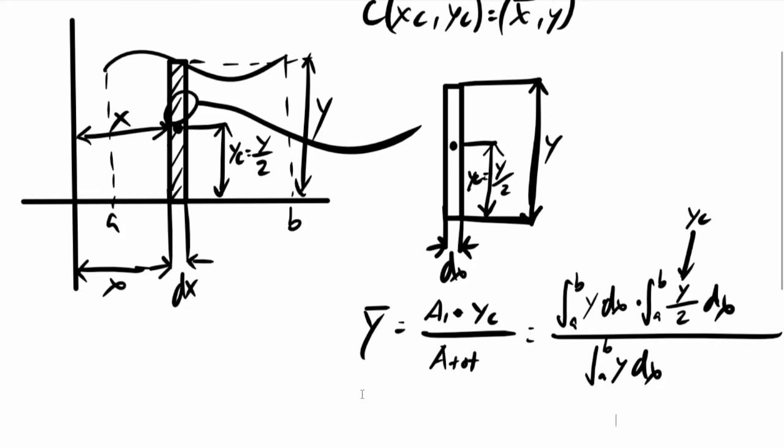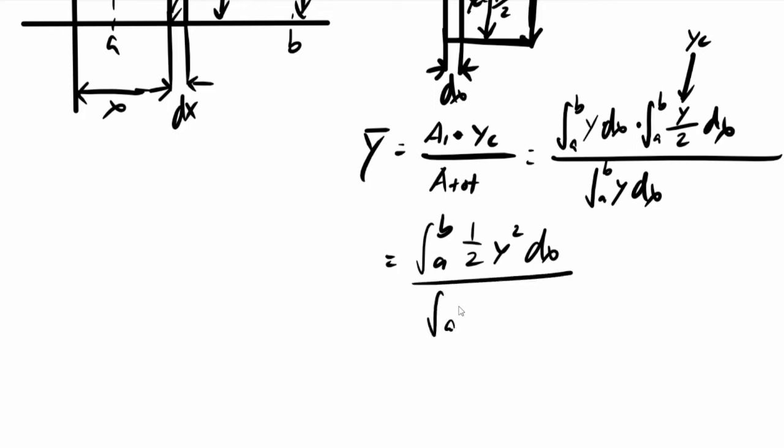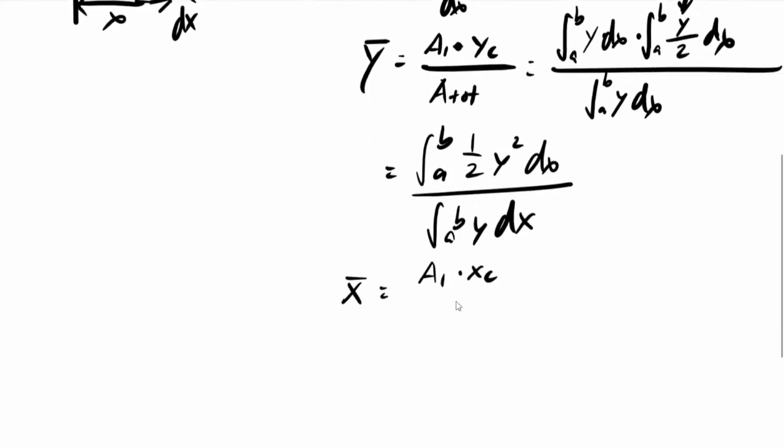There. Now simplify, we'll have one half y squared dx over y dx, and that is our formula for our y bar. And for our x bar, we have A sub 1 multiplied by xc, or our centroid for x, and the total area once again.